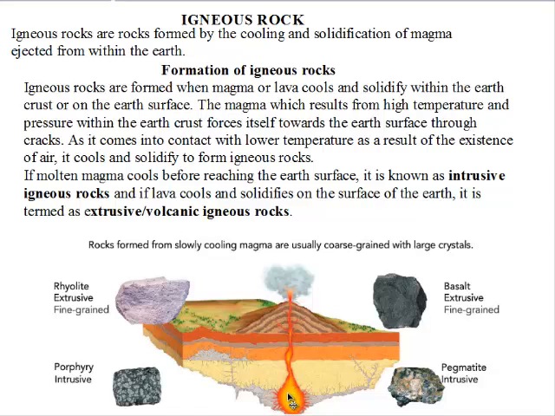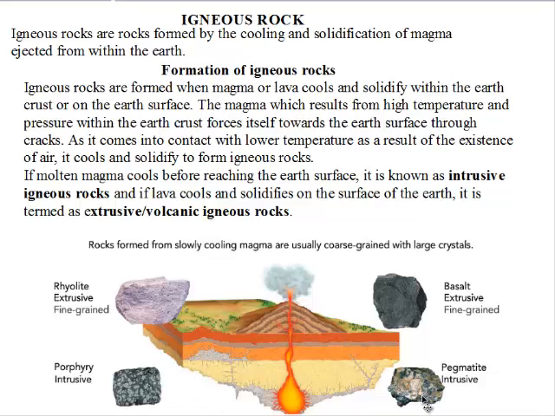So if this magma does not reach the earth's surface and it cools and solidifies within the earth crust, it forms what we call intrusive igneous rocks. However, if the magma is able to come to the surface, the name changes to lava. So if this lava cools and solidifies, they form volcanic rocks or extrusive igneous rocks.